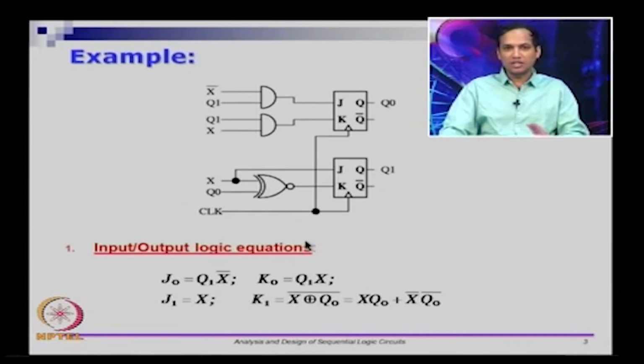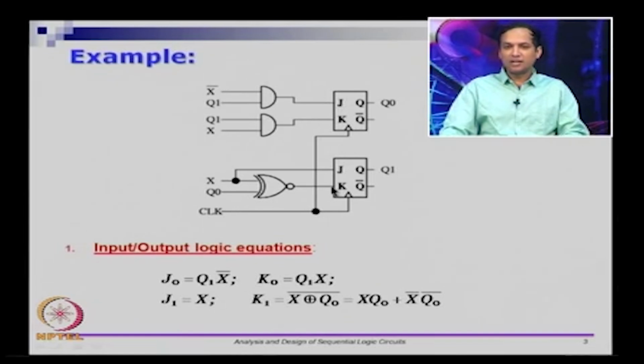If you look at this circuit, right, this resembles the canonical circuit in some sense. You have the state registers which are given by Q1 and Q0, and the input forming logic, or the next state logic, is here. So based on the current state and the current input, you drive the J and K inputs.